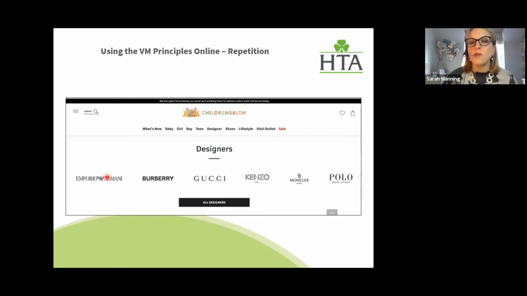For example, if we're looking at push and pull, a push brand would be something that here would be not so popular, like Armani or Polo, whereas brands like Gucci and Burberry were more of the pull brands for this particular company. They found that customers were coming on to look for those pull brands.